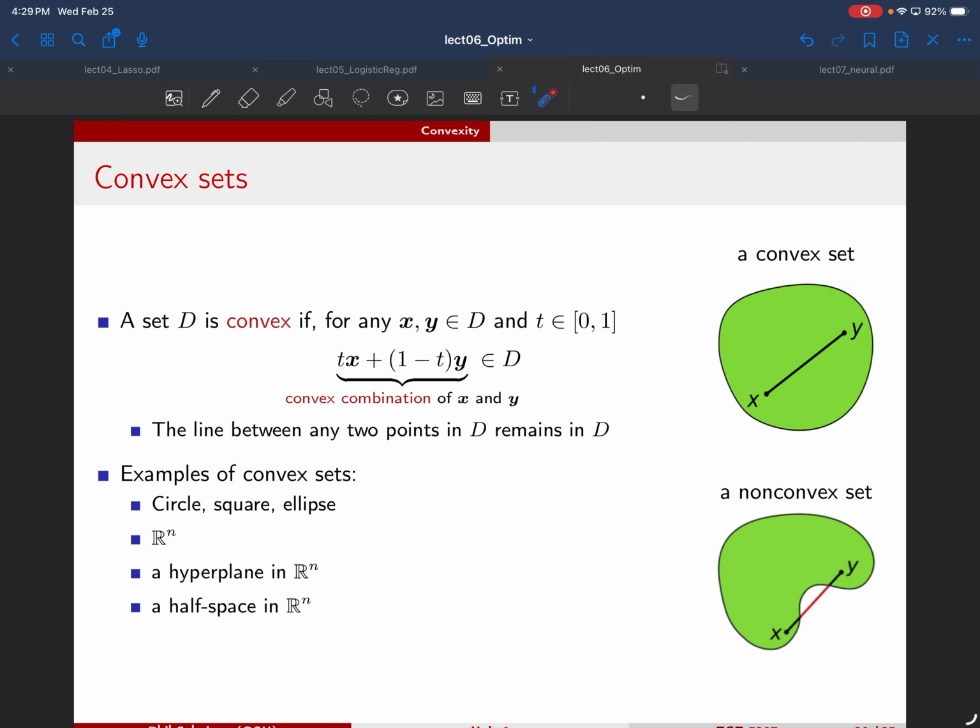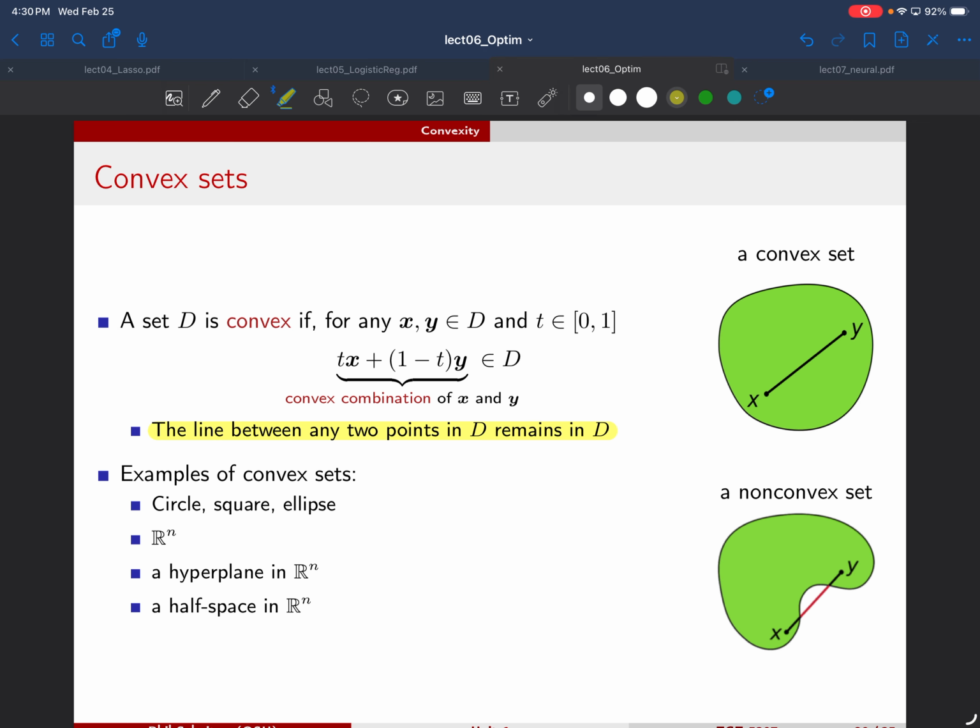So this is a convex set. But down here, we have an example of a non-convex set with these 2 points. We draw their interpolation, and you can see it is outside the set for some points, so that is a non-convex set. Basically, in words, you want the line between any 2 points in the set to remain in the set.